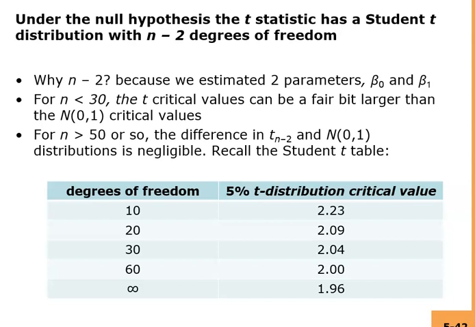When n is greater than 50, the critical values obtained from the standard normal table and from the student t distribution table pretty much converge, which means that for larger samples, not even super large, just larger than 50, you can simply use the standard normal table to calculate the probability corresponding to the t-stat that you calculate.